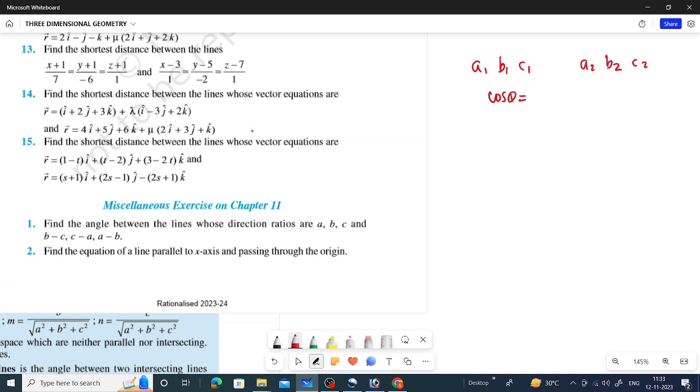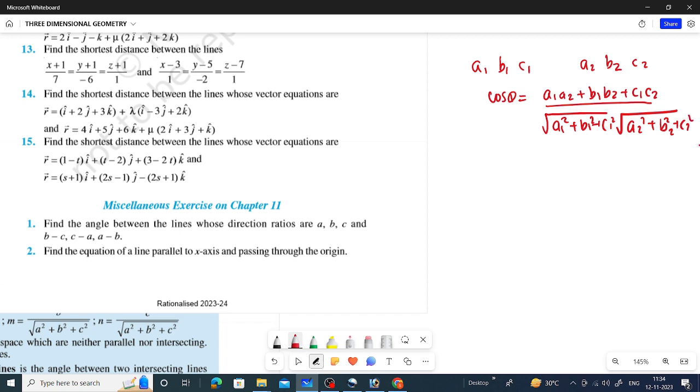The angle between the lines whose direction ratios are given by a1, b1, c1 and a2, b2, c2 is given by cos theta equal to a1 a2 plus b1 b2 plus c1 c2 divided by square root of a1 square plus b1 square plus c1 square into square root of a2 square plus b2 square plus c2 square.